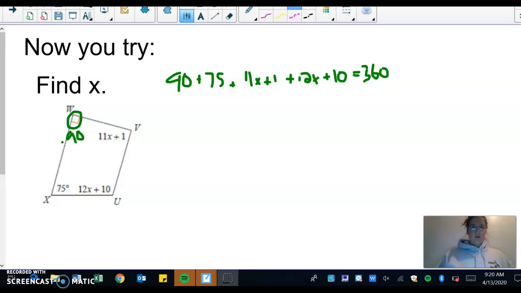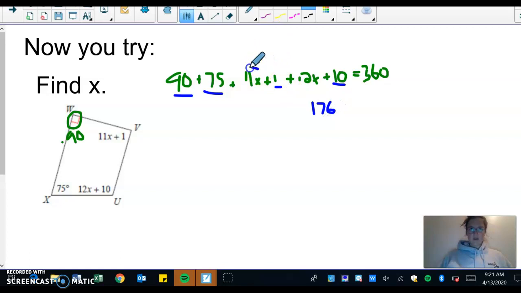So you're going to try and solve this like normal. So 90 plus 75 plus 1 plus 10, because there are like terms. So I have 90 plus 75 plus 1 plus 10, so I have 176.